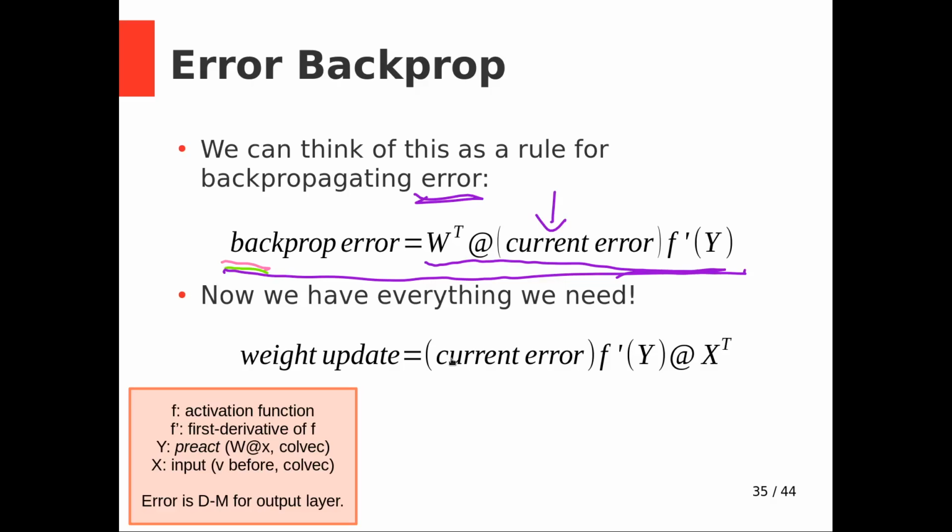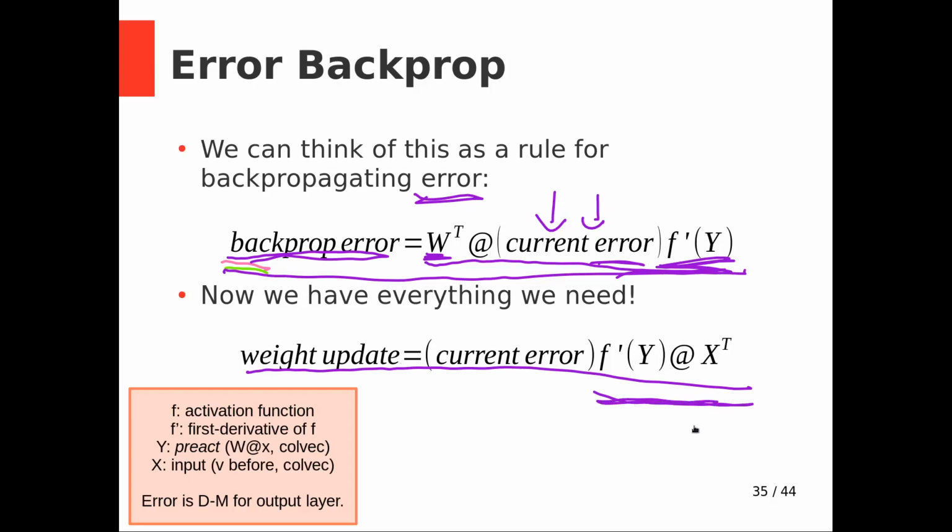This is the rule for taking the error from the upper layer and transforming it using the weights for this layer and the gradient of its activation function to get the backpropagation error, the error that we're going to use for the lower layer. And the lower layer is going to use the same weight update rule, because remember, this part was the same.